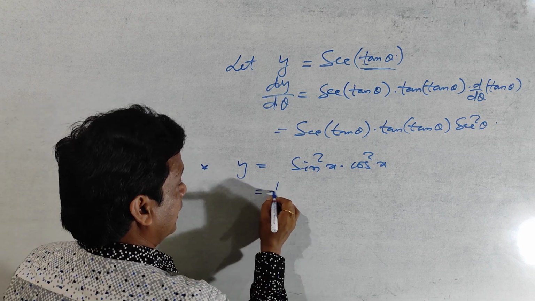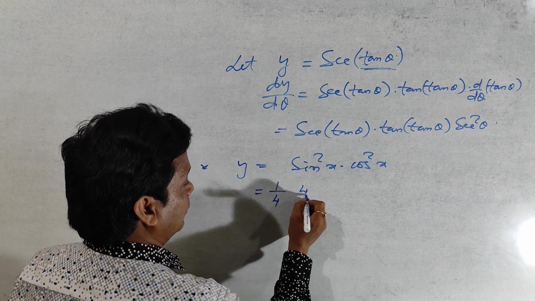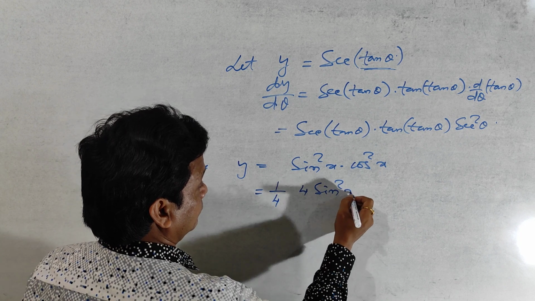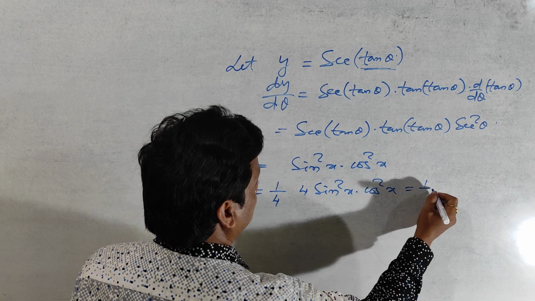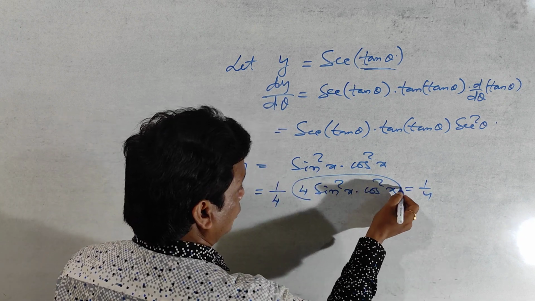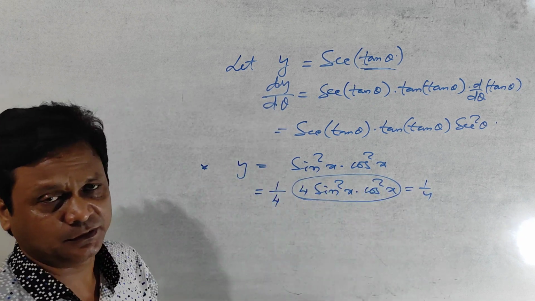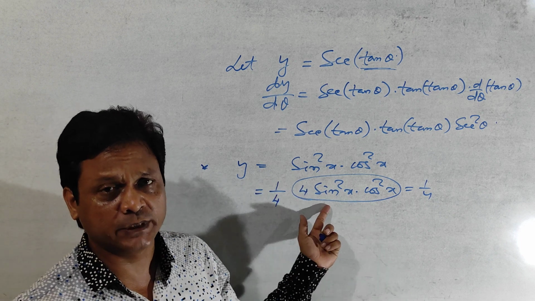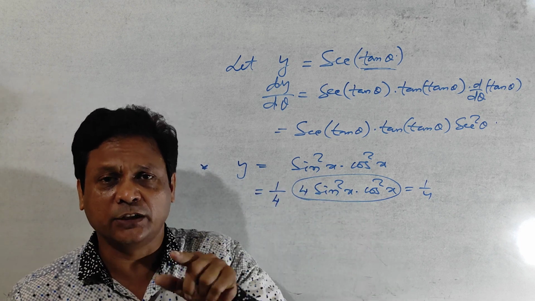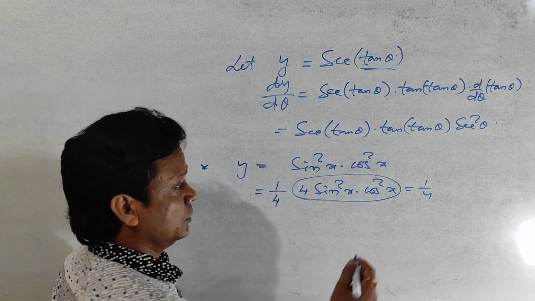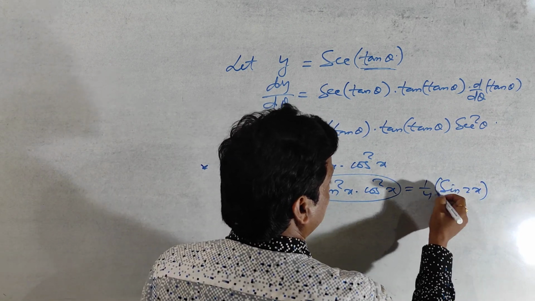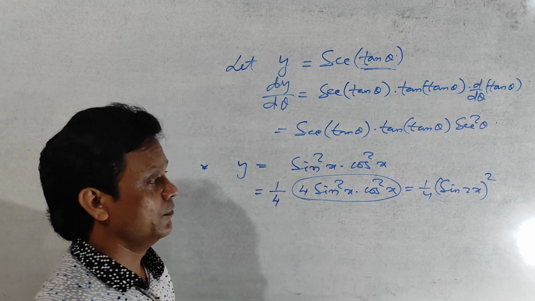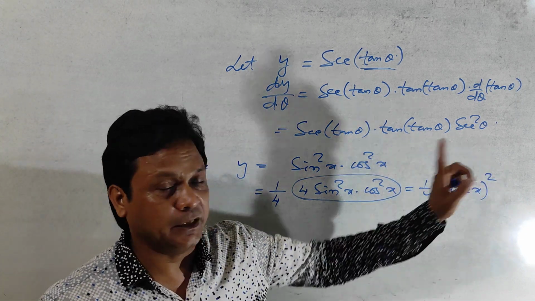See here, I am dividing by 4 and multiplying by 4, and it becomes 1 by 4 into the whole square of 2 sin theta into cos theta, and 2 sin theta into cos theta is sin 2 theta. That means sin 2x, so sin 2x whole square. So it is in the form of u to the power n.